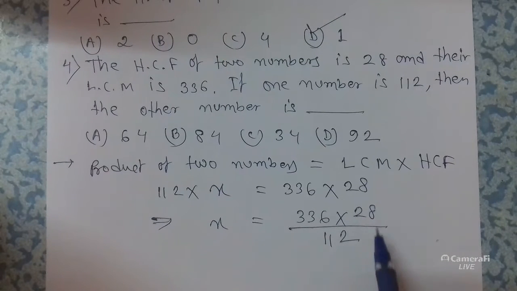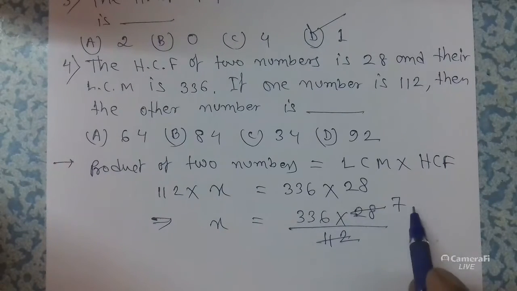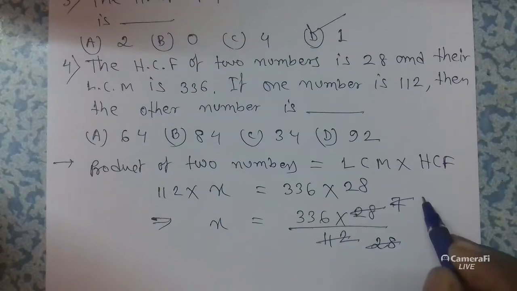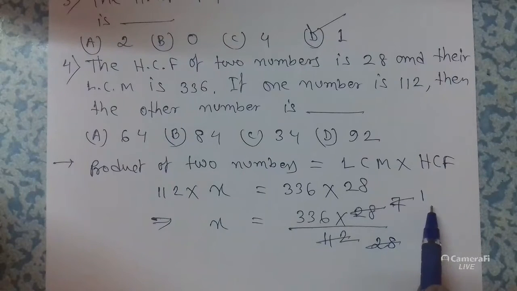If we divide 28 and 112 by 4, then 28 divided by 4 is 7 and 112 divided by 4 is 28. Again, 7 divided by 7 is 1 and 28 divided by 7 is 4.